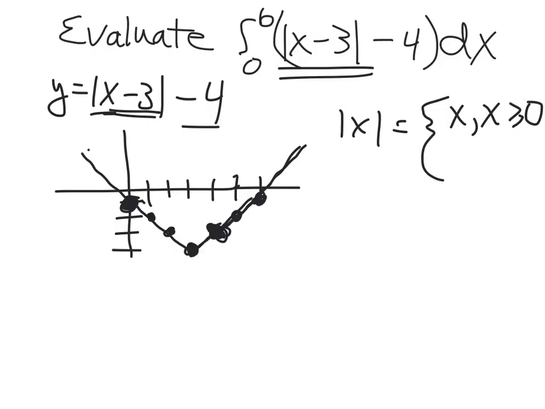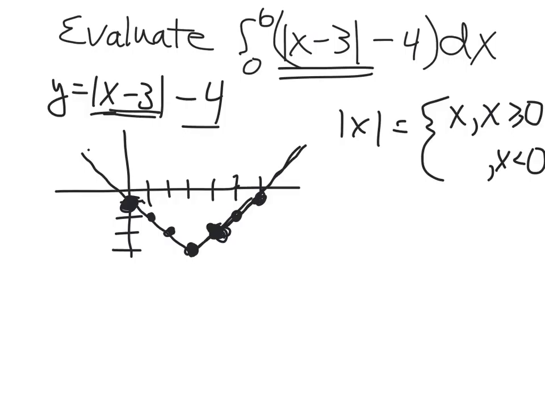But how do we have to write the absolute value of a negative number? If x is -3, absolute value of -3 is +3.